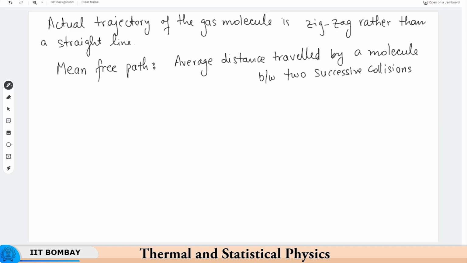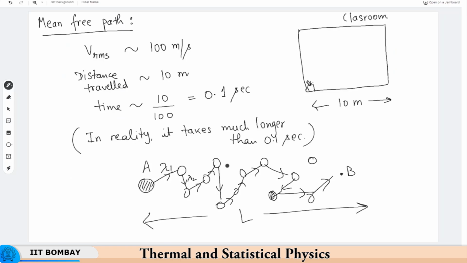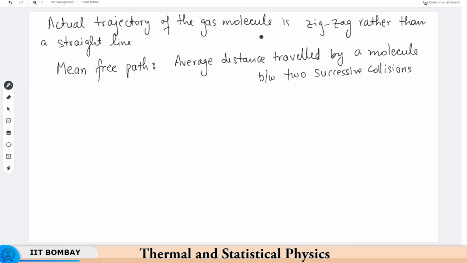So, this is basically the average of all these lambdas. How far a gas molecule moves before undergoing another collision, that is what mean free path is. This is typically denoted by the symbol lambda.